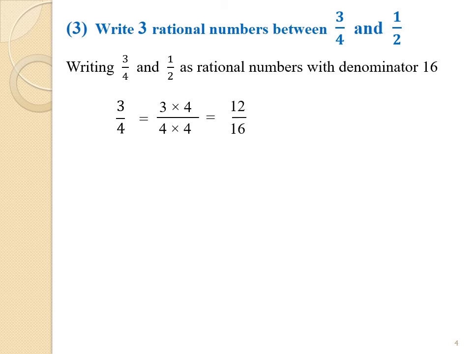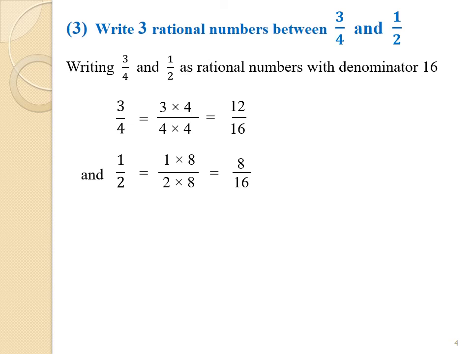Similarly, multiplying denominator 2 by 8 and also numerator 1 by 8 as we want denominator 16, we get 8 upon 16. Students, now we got the rational numbers between 8 upon 16 and 12 upon 16.